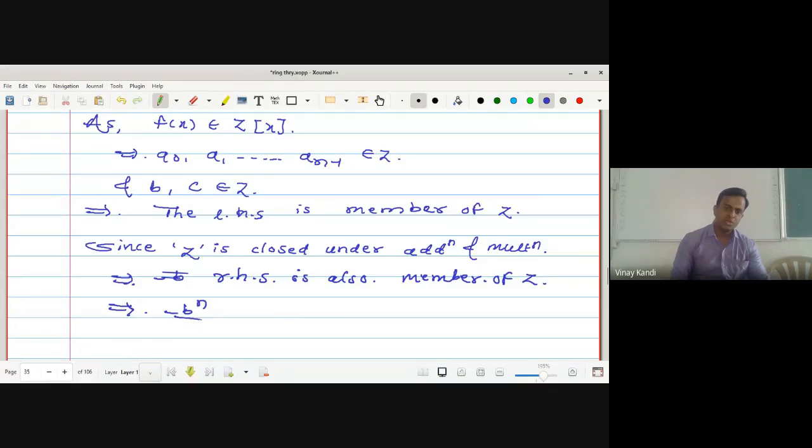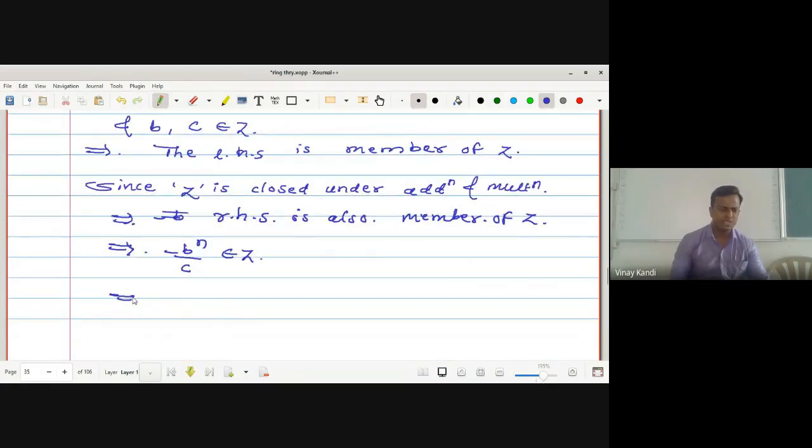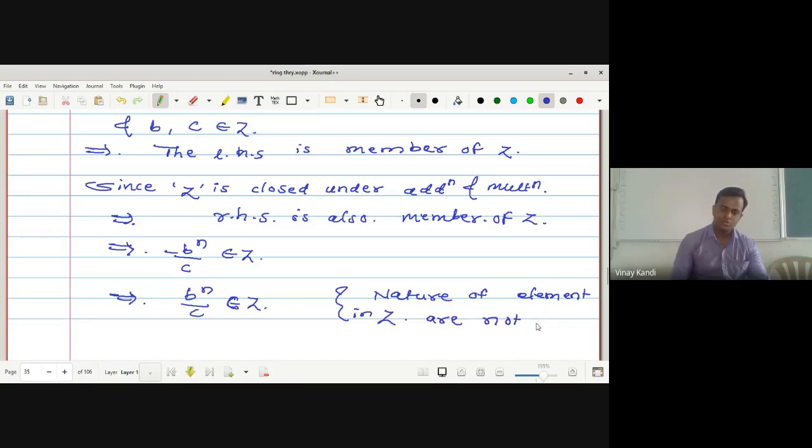Minus b raised to n divided by c belongs to Z. तर मायनस बी रेस टू एन अपॉन सी हे जर झेड मध्ये असेल तर काय होईल, बी रेस टू एन अपॉन सी ऑल्सो बिलॉंग्स टू झेड. Okay, now b raised to n upon c belongs to Z. The nature of elements in Z are not quotient.